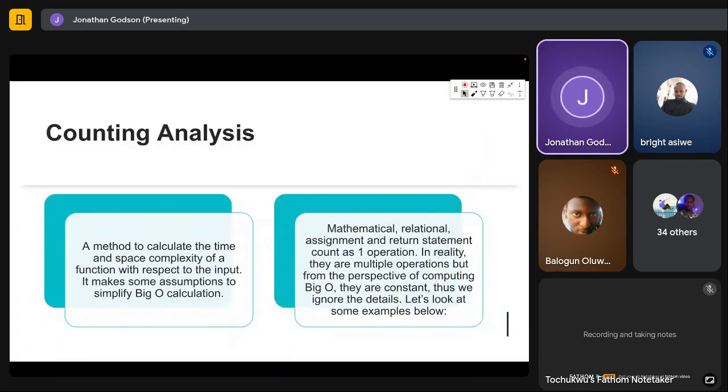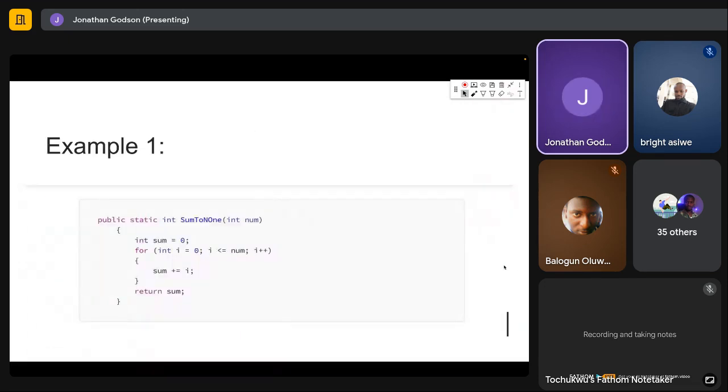One of the things we want to have in mind is that for mathematical, relational, assignment, and return statements, we count each as one operation. In reality, there might be multiple operations, but from the perspective of computing big O, they are constant. Thus, we ignore the details. Okay, so let's look at some examples.